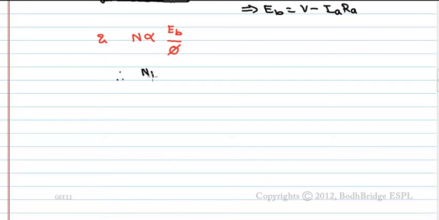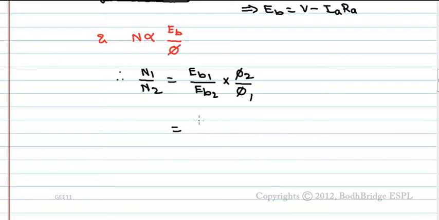Therefore, N1 by N2 equals EB1 by EB2 into phi2 by phi1.